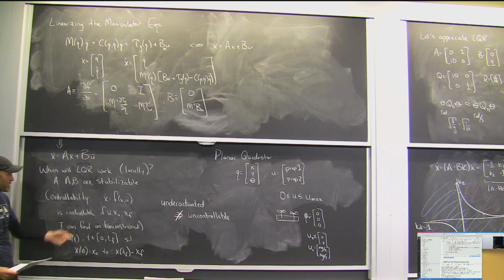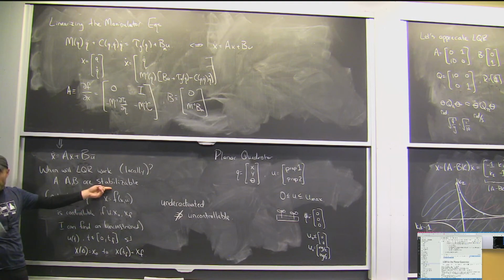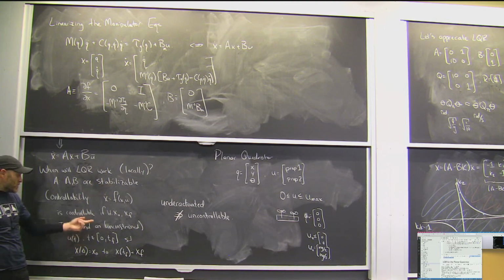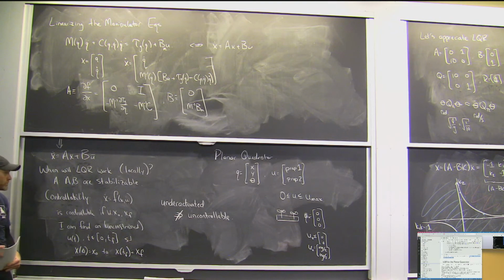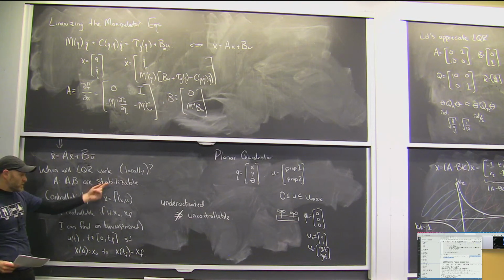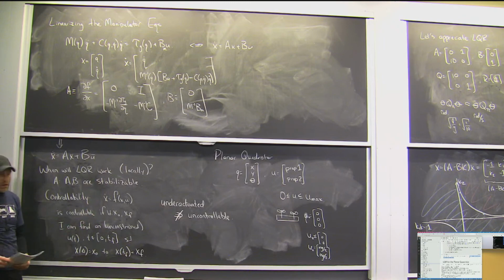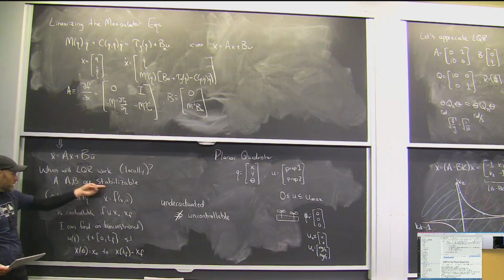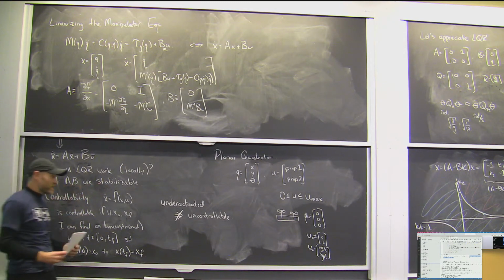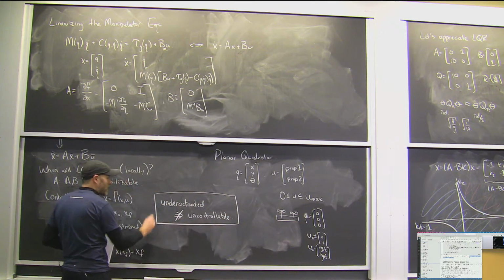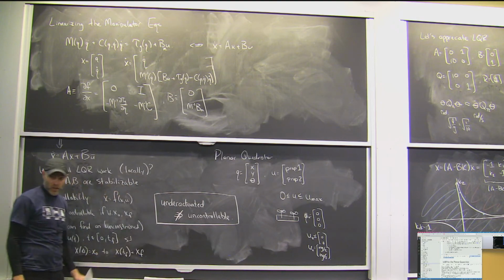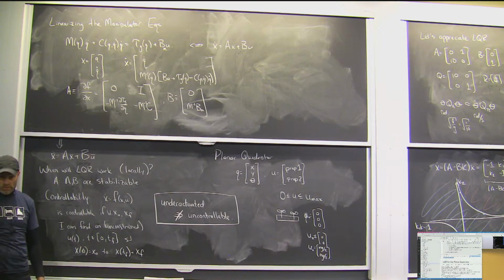Stabilizable says I can get myself to the origin. It could be via control inputs, or it could be just through the passive stability of the system. So you can have systems that are stabilizable even if they're not controllable. That's just a technical thing, okay? That goes on top of it. But this, I think, is a fundamental idea that I want to make sure you really grok: underactuated does not imply uncontrollable.